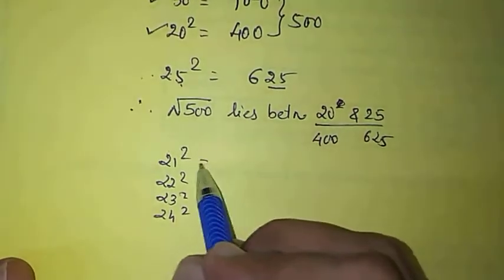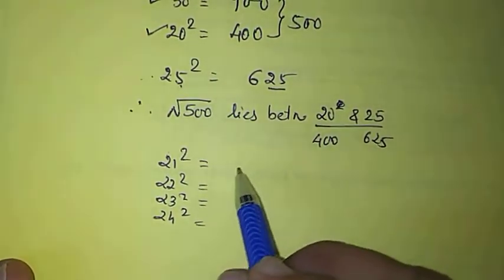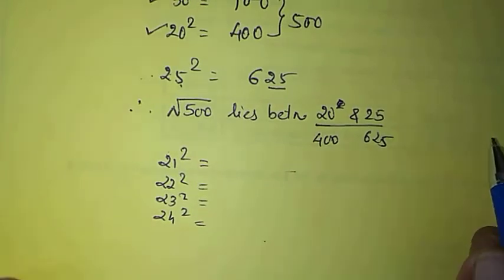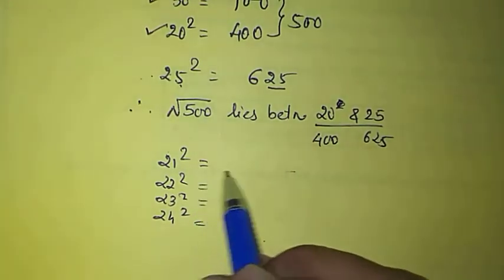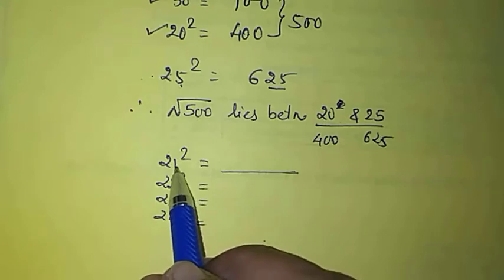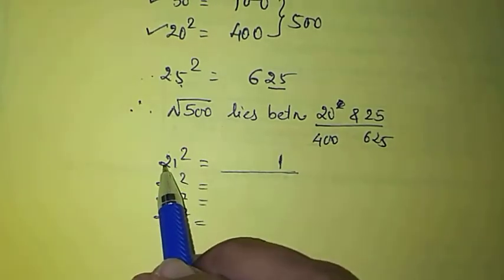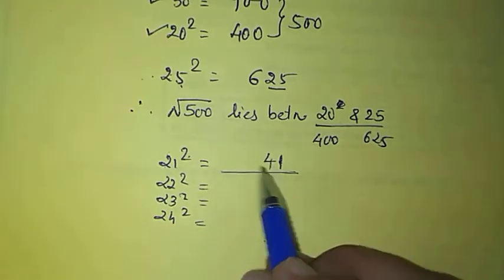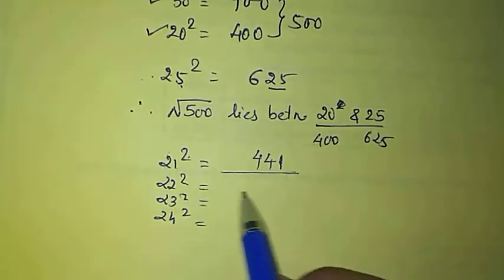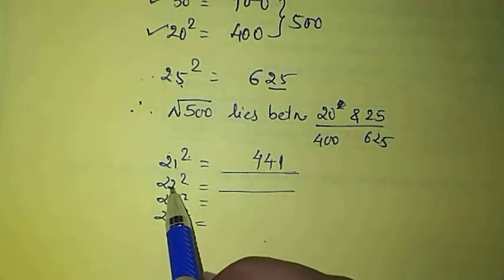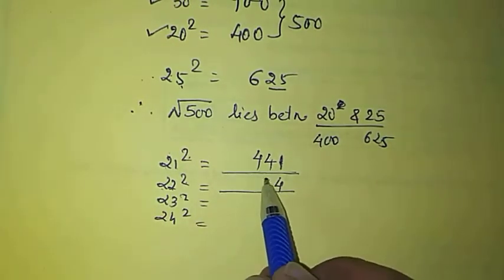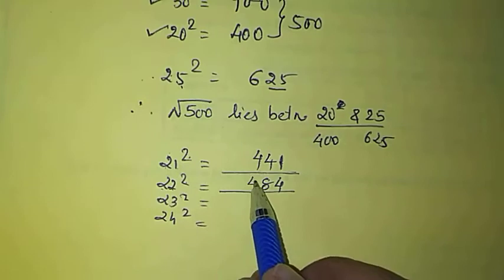So we need to go closer, to a number very close to this one. Suppose 21 square: orally we can do it. 1 1 is 1, 2 1 is 2 into 2, means 4, and 2 2 is 4, giving 441. Similarly 22 square: 2 2 is 4, 4 2 is 8, and 2 2 is 4, giving 484.